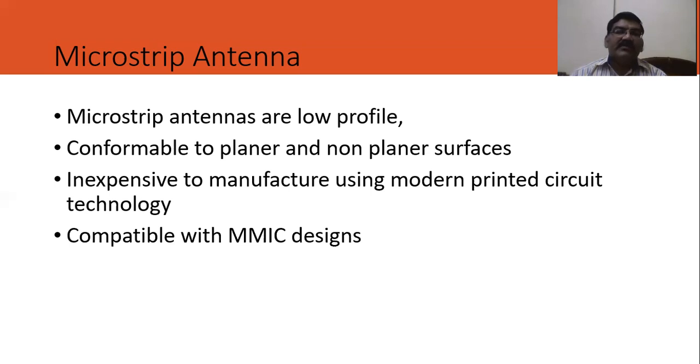Then, compatible to MMIC. Now what is this MMIC? That is the microwave integrated circuit, and in that, the monolithic microwave integrated circuit, MMIC. So there are the microwave applications where you can have the integration. Previously we didn't have the integration.